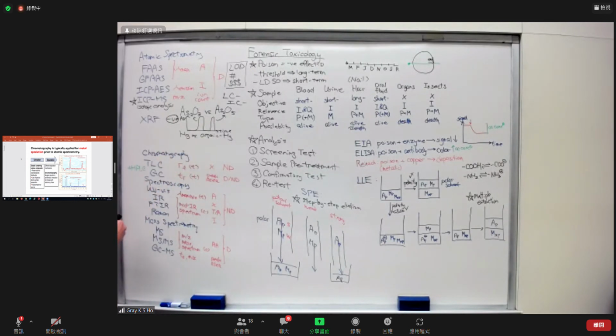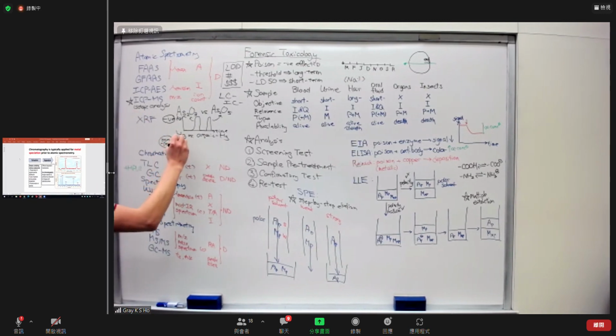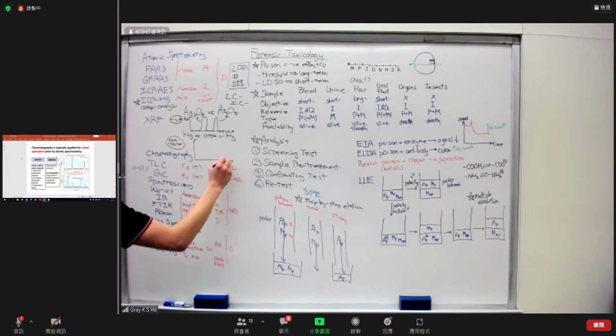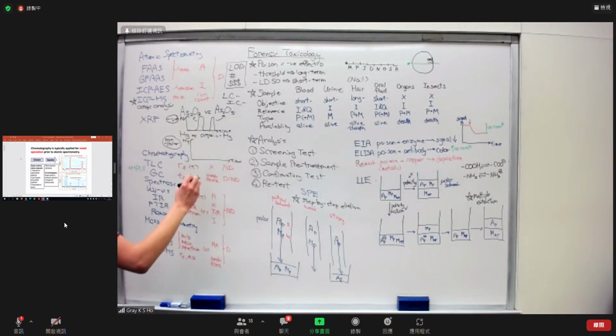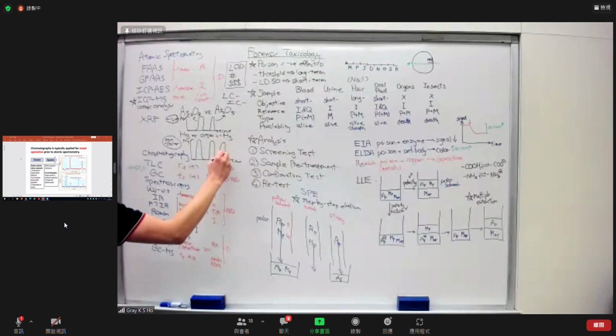Also for mercury, you may make use of LC-ICP-MS. Maybe you are using a non-polar column. Basically, mercury versus time, and then you will see the metallic mercury, methyl mercury, and ethyl mercury, just depending on the polarity.